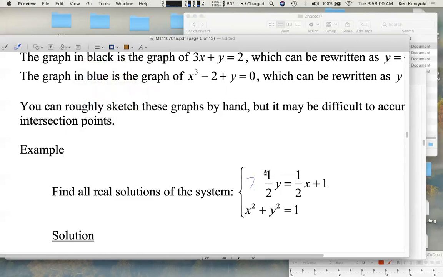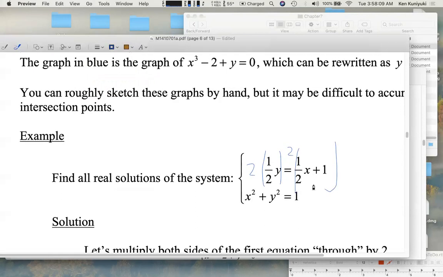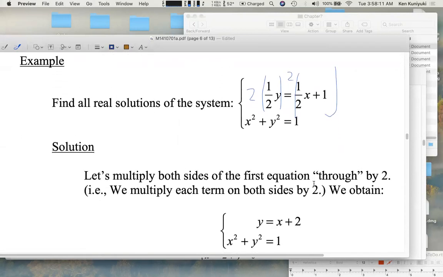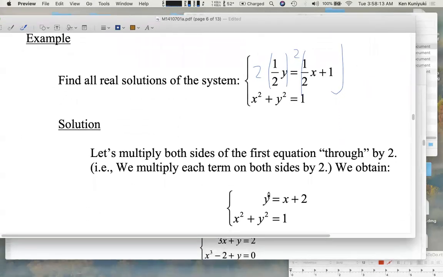Let's multiply both sides by 2, because I know you're itching to get rid of that fraction. Okay, we can do that. Remember, the 2 distributes through. So when we do that, we then get y equals x plus 2. Don't forget the 1 here becomes a 2 here, because we're distributing in the 2.